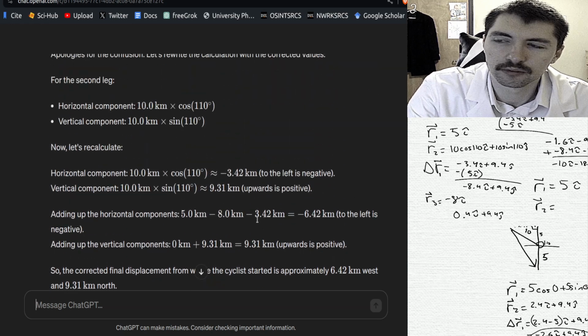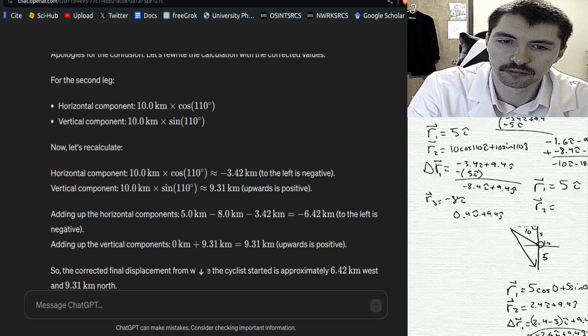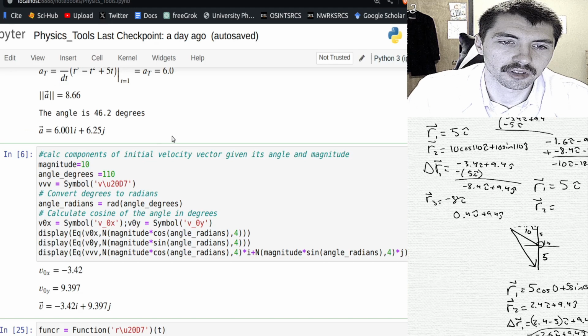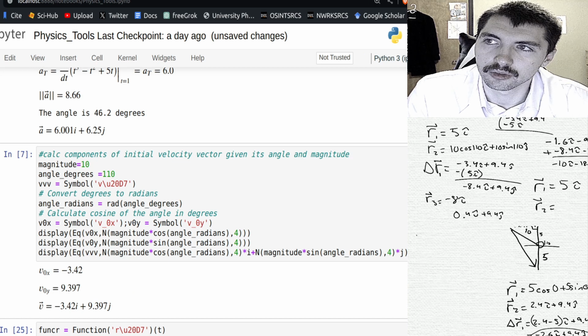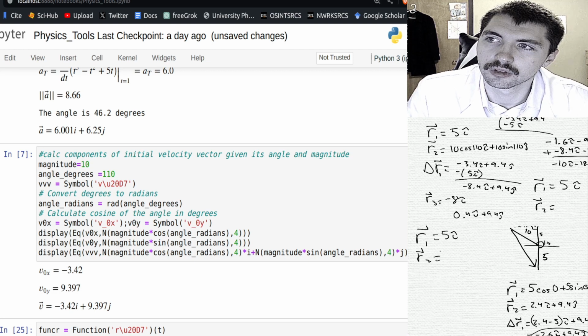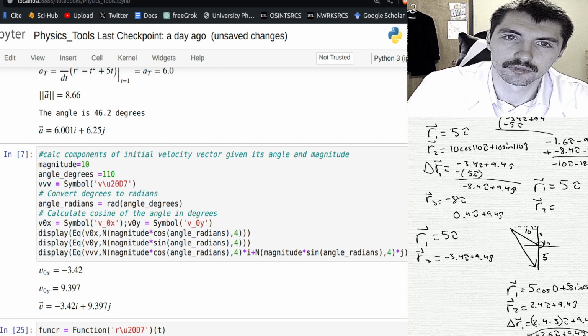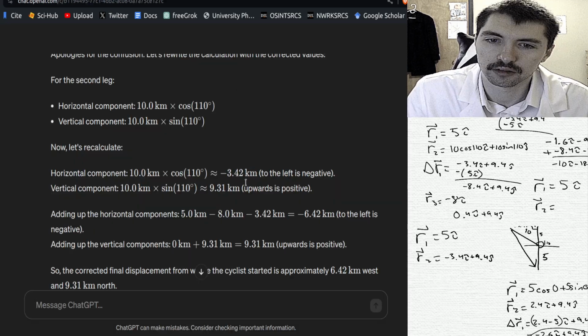Okay, so we know from our calculator 10 cosine this is this, so you know R1, R2 is like 3.4 plus 9.4. Okay, that's what this is getting.